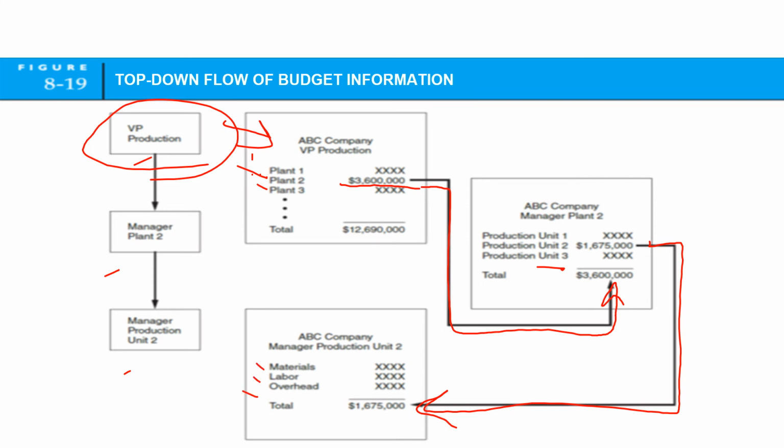So that is a good example of top-down flow of budget information. The top management will not have the details about production unit 2, and the manager of plant 2 will not have details about materials, labor, and overhead for each production unit. But the production unit manager needs all of those details.